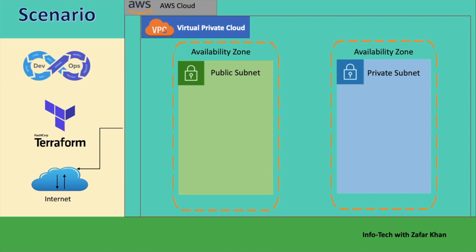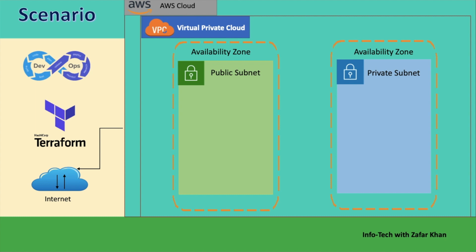One more thing, when you create a subnet, you specify the IPv4 CIDR block for the subnet, which is a subset of the VPC CIDR block. Each subnet must reside entirely within an availability zone. Then we will create a security group as well.